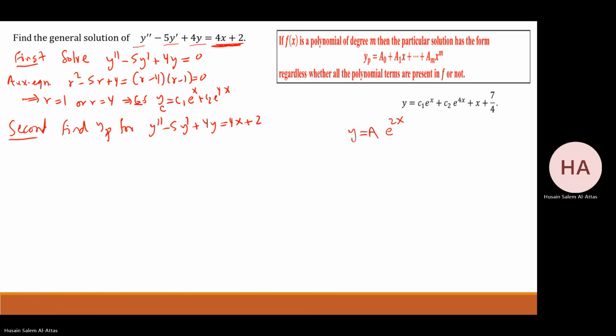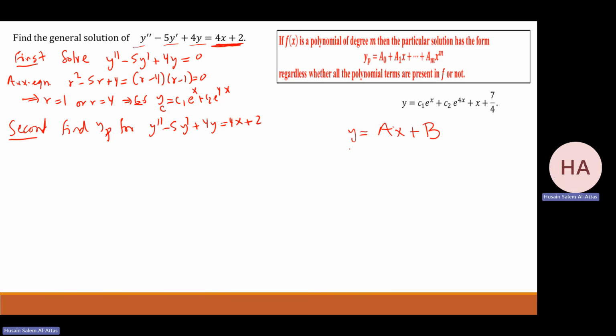No. If I substitute it, I have y prime, y double prime, and for sure I will not get 4x plus 2. If I have cosine or sine, that also will not work, it will give me sine and cosine. So my guess will be what? Since I have 4x plus 2, my guess will be ax plus b. That will be my guess.